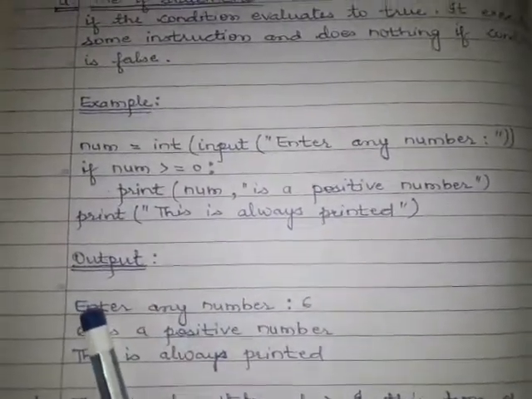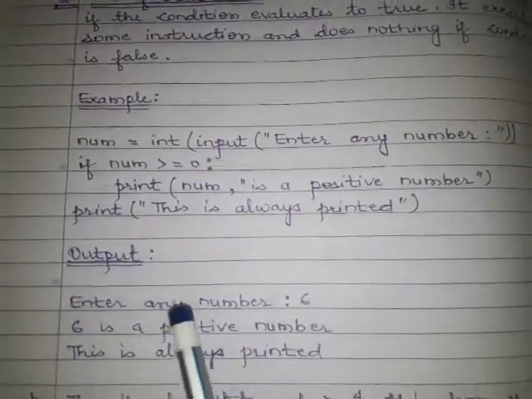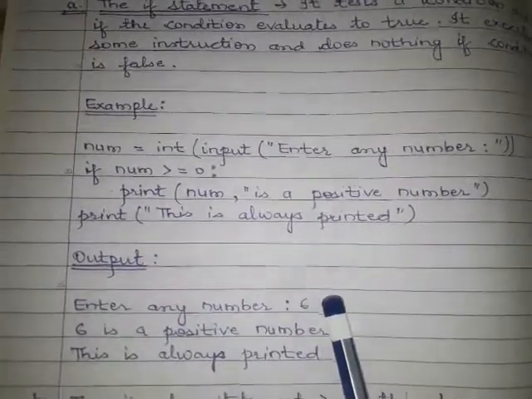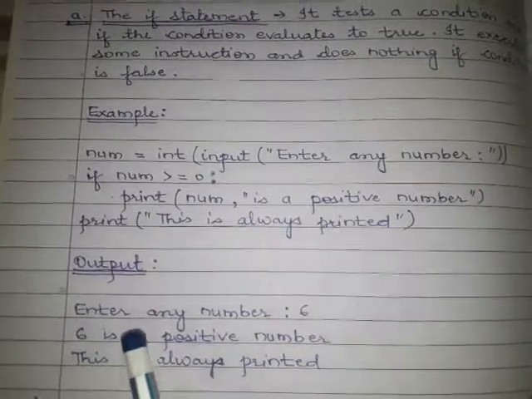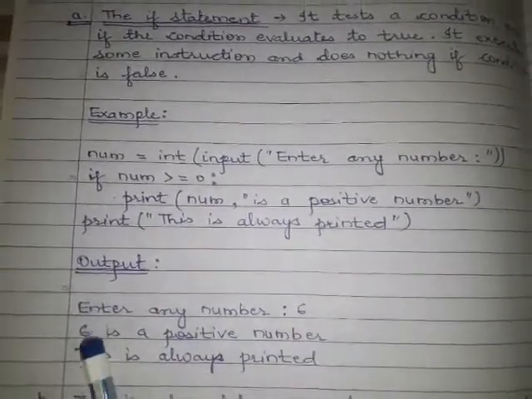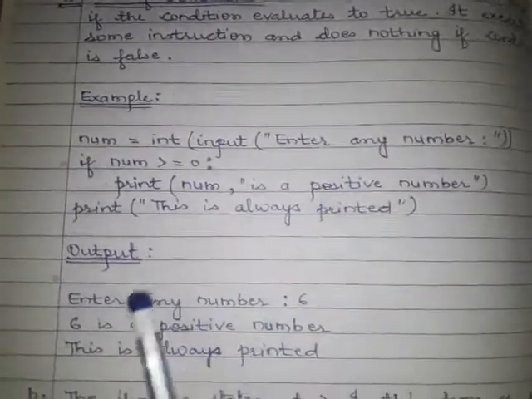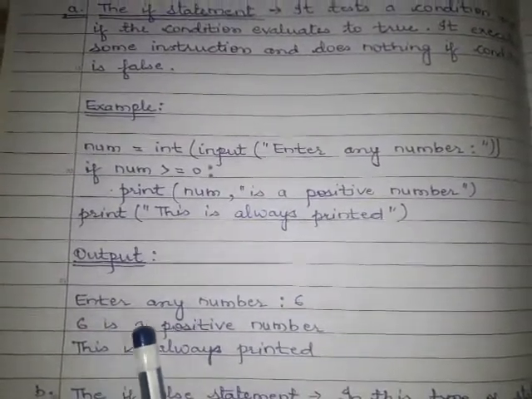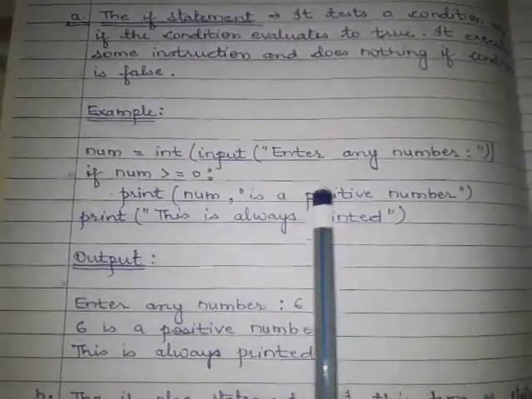Let us see. Enter any number. This is the output. Suppose we have entered 6. Then press enter over here. Then our output is 6 is a positive number. 6 is the value of number. Then is a positive number is printed after a space, as it is.